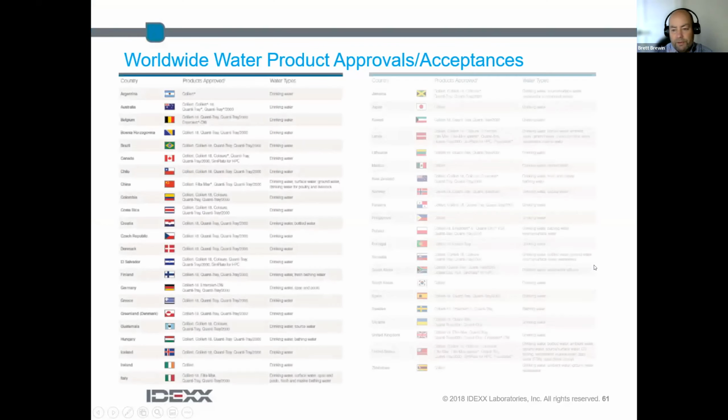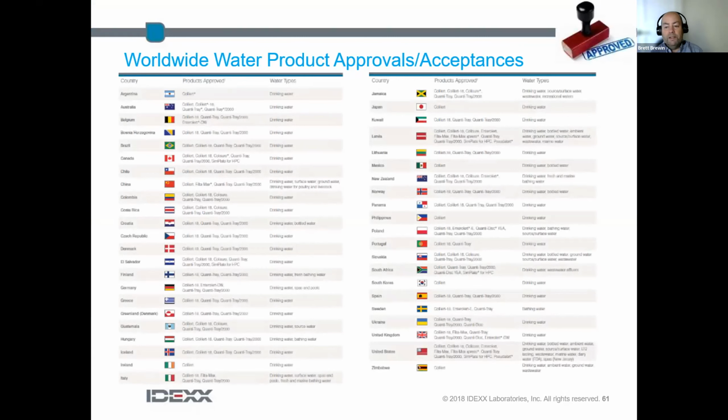Consistency of performance. Well, I think our products are some of the most tested products in the world. We have approvals or acceptances all over the world. And again, we've gone through very stringent validations and verifications worldwide in order to ensure to you and to our customers that the performance of our products is suitable and consistent.